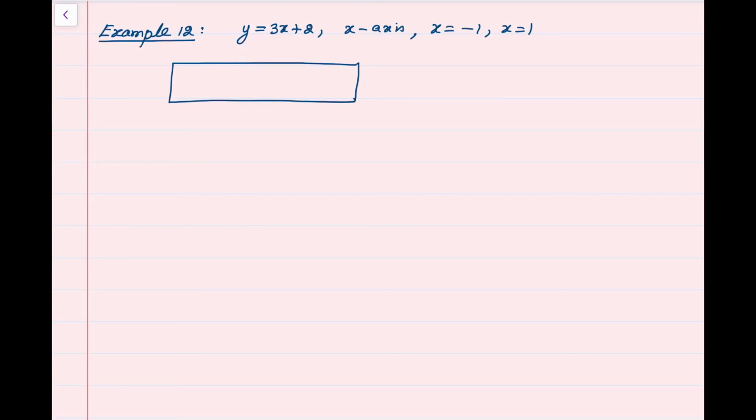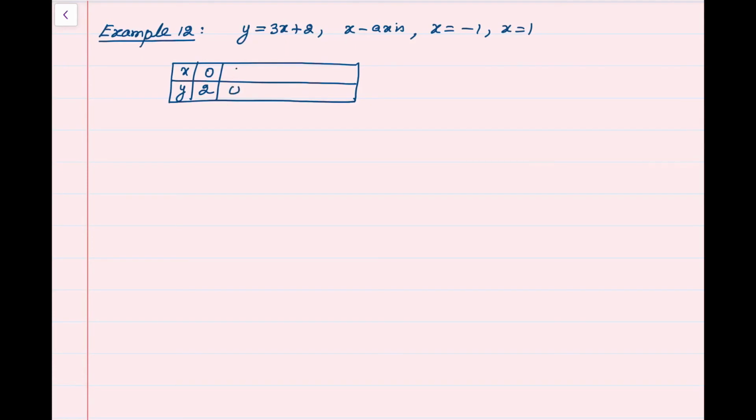Example 12. Find the area of the region bounded by the line y equal to 3x plus 2, the x-axis and the ordinates x is equal to minus 1 and x is equal to 1. For the line y equal to 3x plus 2, when x is 0, y is 2.